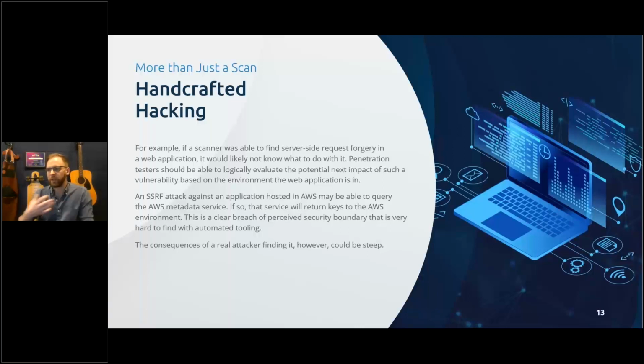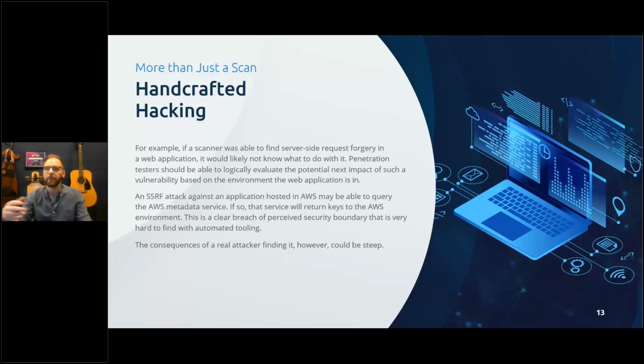So whereas we as pen testers from our machines, from our office, from wherever we are, may not be able to see those keys, we can't send requests to the metadata service, the application that's sitting in AWS absolutely can. And if we can see the response, we can take those keys, and then we have much further access than we were ever supposed to have.